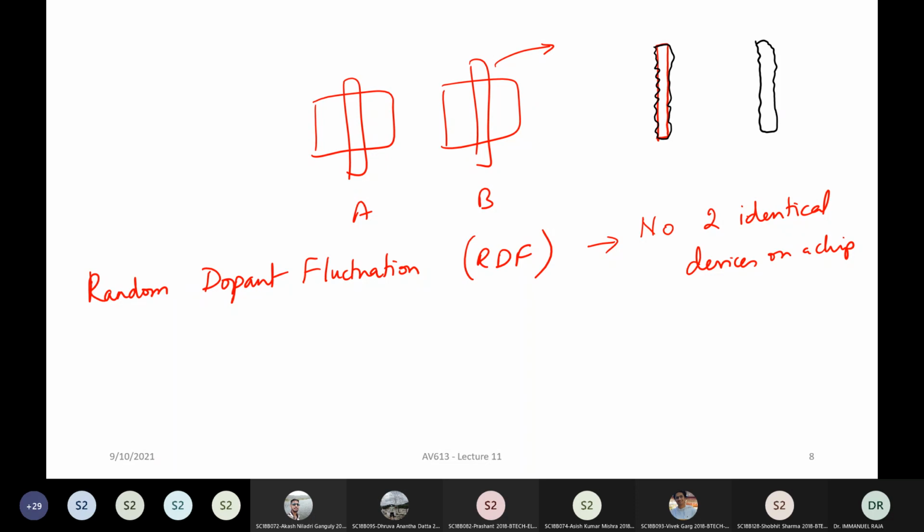So what the foundry will do, when it is coming up with a certain technology node, is run these devices. Let's say they take some 1,000 devices, 10,000 devices, and they will characterize each of the devices. And let's say they estimate the threshold voltage. Within the same die, the mismatch is characterized.